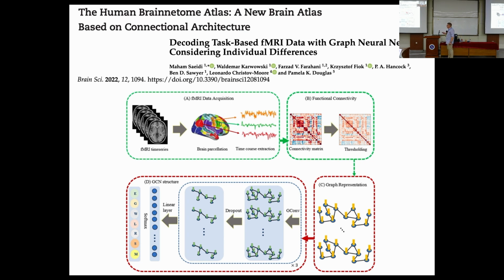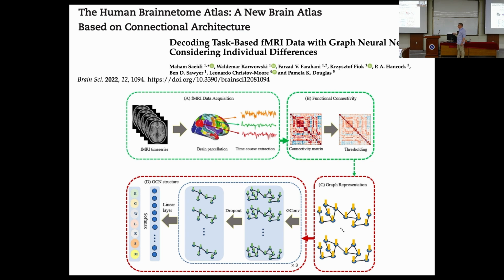Then we identify a signal by averaging over each area, and construct correlations between them. So we construct a connectivity matrix, which of course can be represented as a graph. We use this graph representation, and then we can use, for example, a convolutional graph neural network to characterize the brain state.